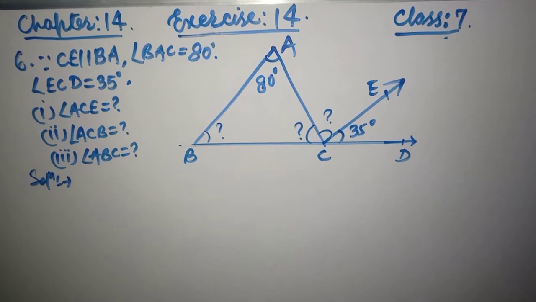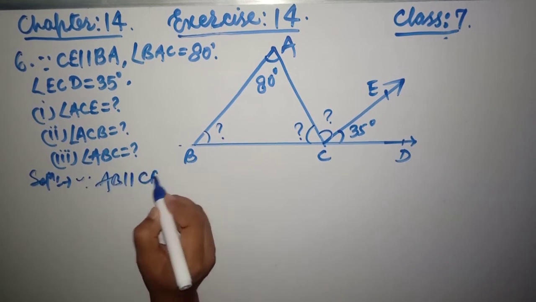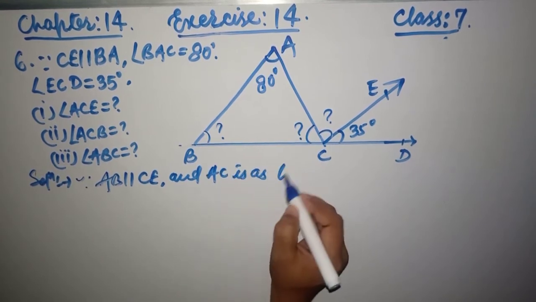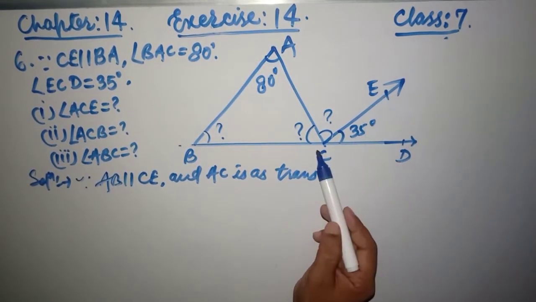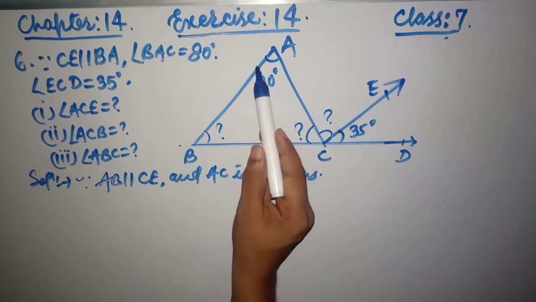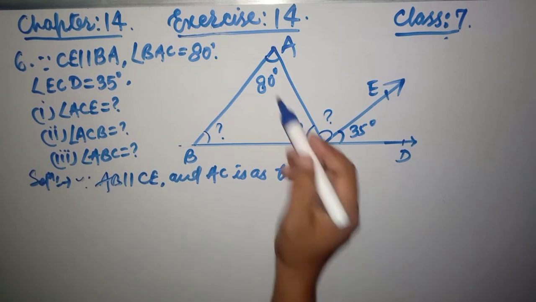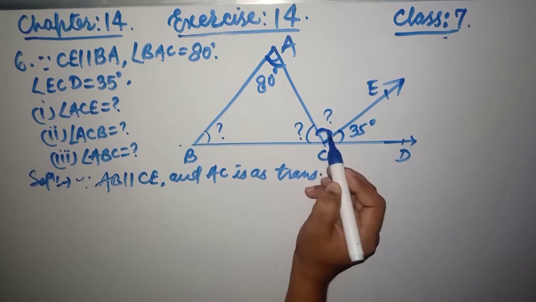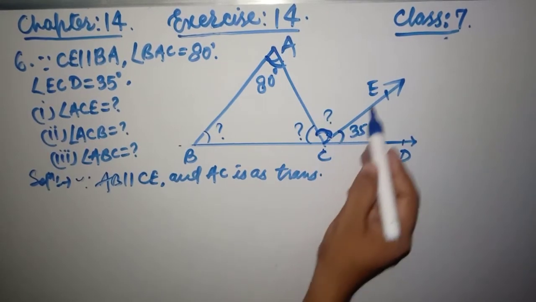Now see friends, since AB is parallel to CE and AC is the transversal, both the lines are parallel and AC is the transversal. Then look at friends, this angle and this angle are alternate interior angles, which are equal. Okay, now we can write angle ACE.